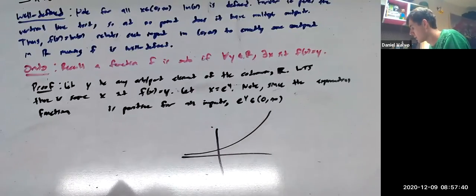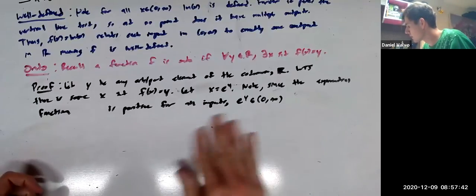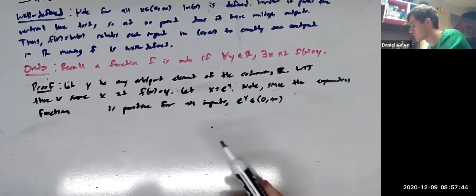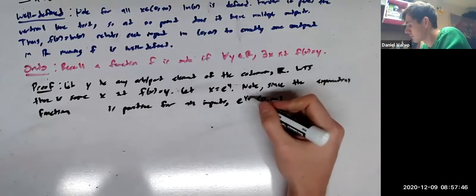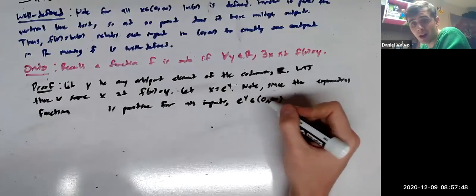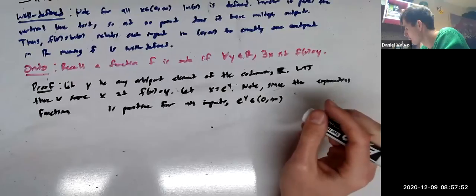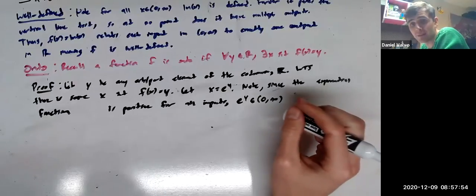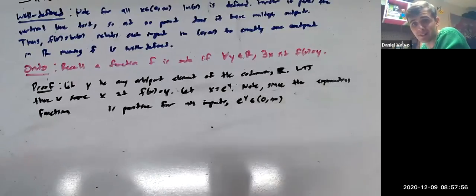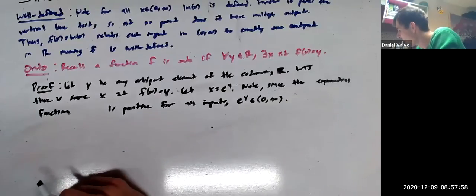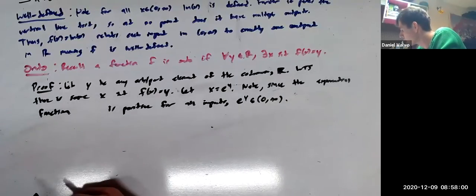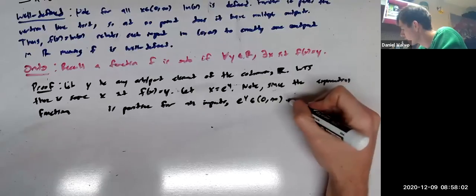It's always positive. Since the exponential function is always positive for all inputs, it doesn't matter what y is. For this arbitrary y, e to the y is still going to be positive. The point is e raised to anything is positive, so e to the y is positive. Anyway, so e to the y is in 0 to infinity, which is the domain.